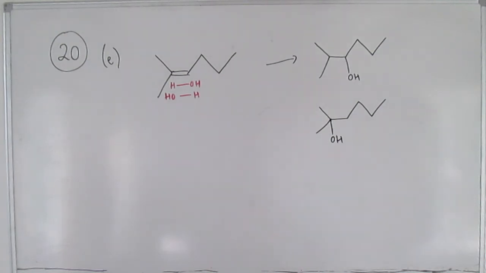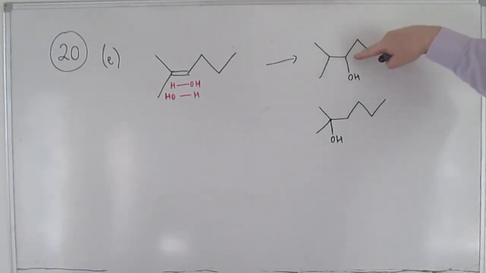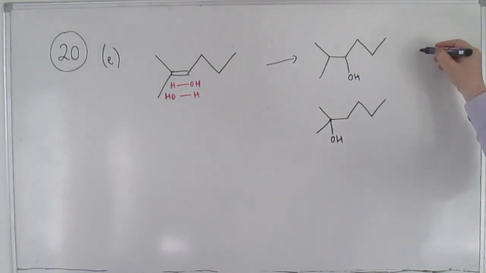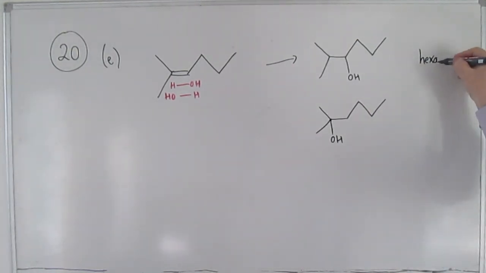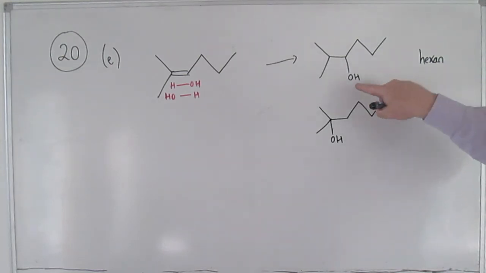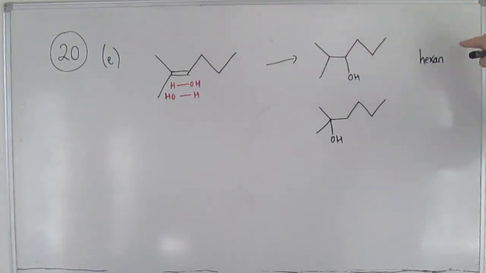And then in part F, it asks us to give those names. So this one, you've got longest chain 1, 2, 3, 4, 5, 6. Of course, that hasn't changed. So it's hex, but now it's "an" rather than "ene" because the double bond is gone. So it's hexan. We're going to number it to keep the number of the OH as small as possible, because that's going to be the ending, right?